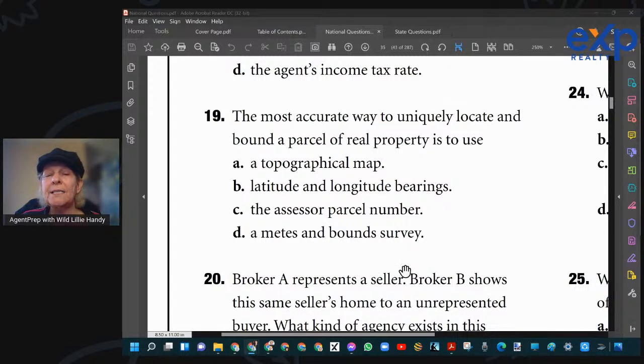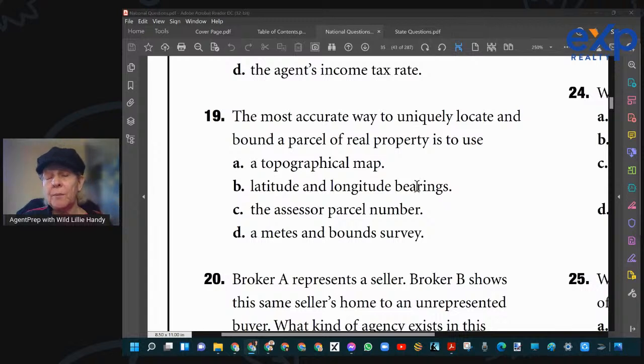Gosh, I just lost my train of thought here. It's a government type of survey, where they go by townships, ranges, and sections. So the rectangular system.